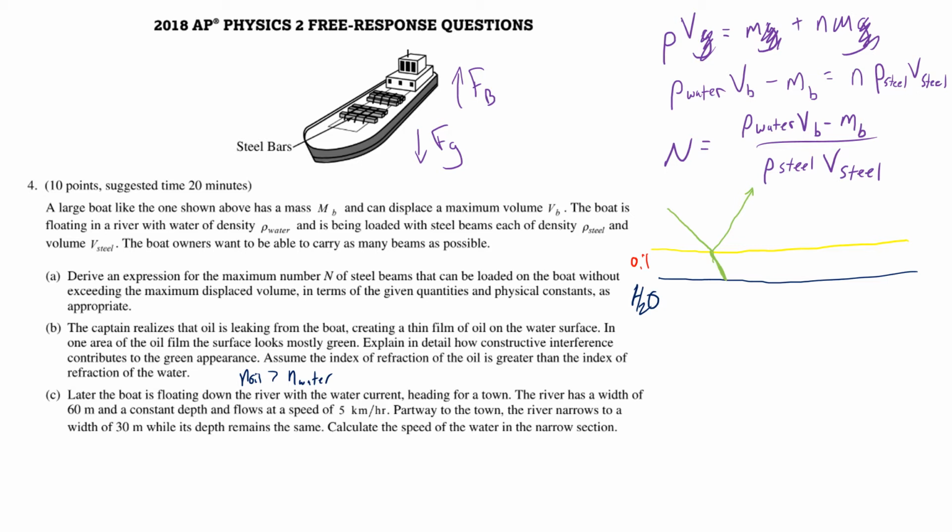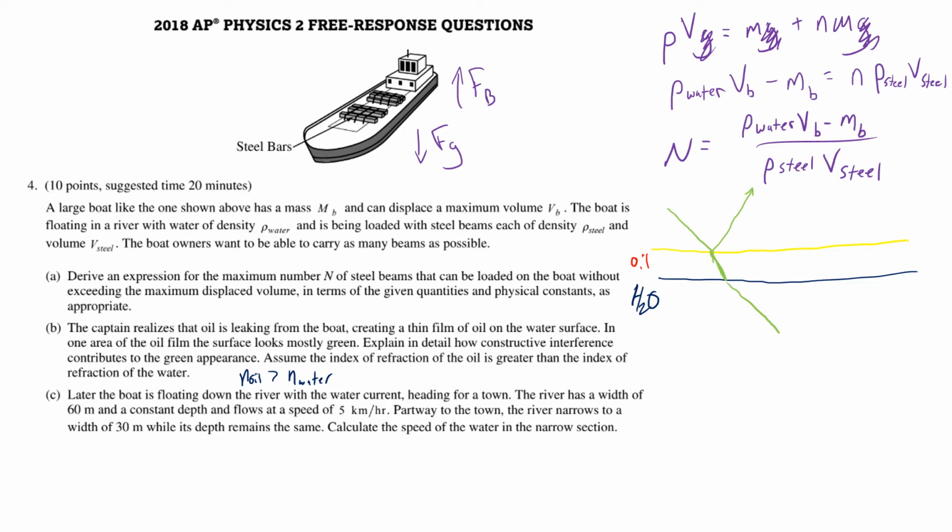Now, we know that the water has a lower index of refraction than the oil does. The water has the lower one. So it's going to go something like this. It's going to be less perpendicular, right? The higher the index, the more perpendicular it's going to be.